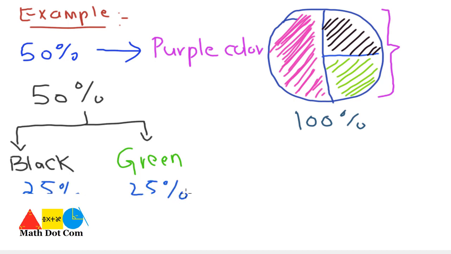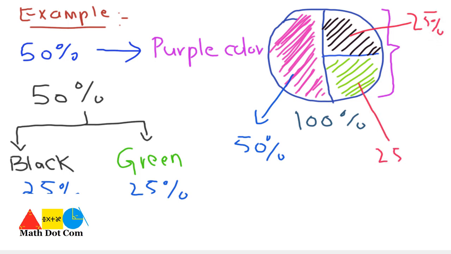Clear? It means that out of 100%, 50% is the purple color, 25% is the black color and 25% is the green color.